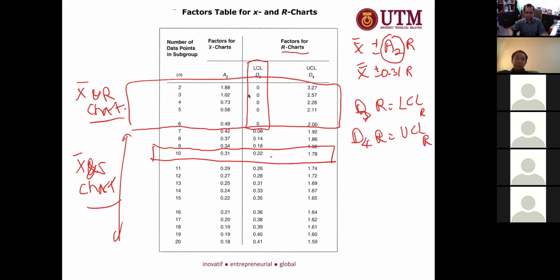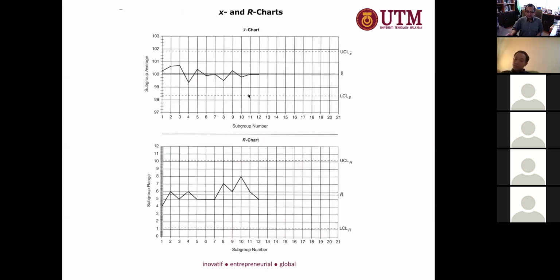D3 is 0.22, D4 is 1.78. So this is the answer: upper limit and lower limit for X bar, lower limit and upper limit for R. Then we put the line there for X double bar and R bar. Then we plot the graph.